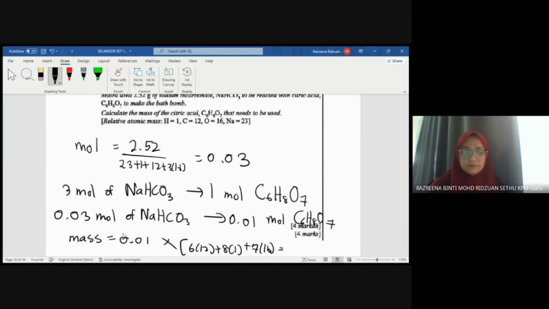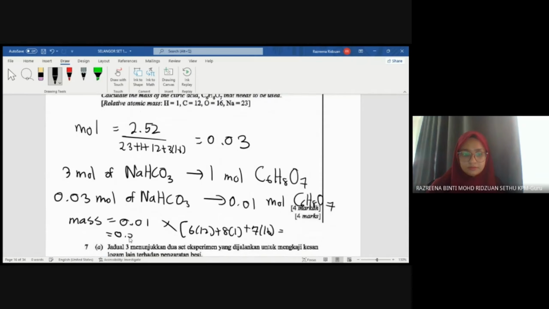So 192 times 0.01, you get 1.92 gram. Okay, so show all this, you get 4 marks. Usually they'll give 3 marks, but sometimes an extra mark is given for this and this. So make sure you show this calculation.